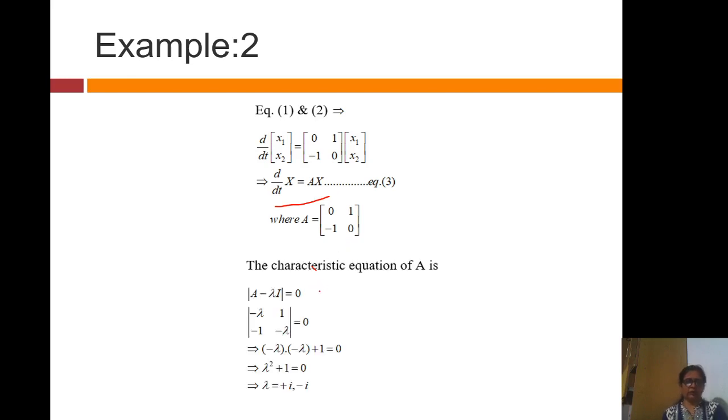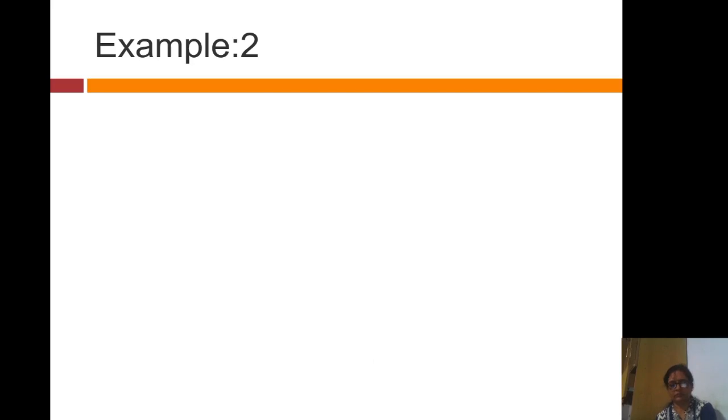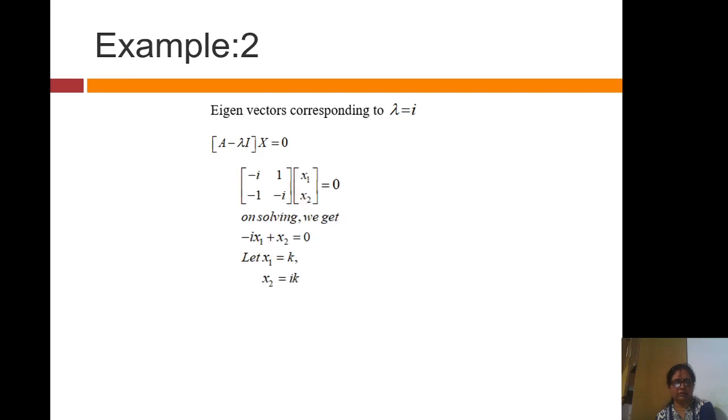Then we find out the eigenvalues of this matrix. For this we first find the characteristic equation of this matrix, and this is the characteristic equation: lambda square plus 1 equal to 0, and lambda equal to plus i and minus i, which are the eigenvalues. For lambda equal to i, we find the eigenvectors.